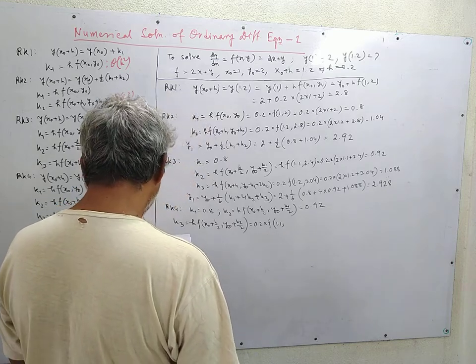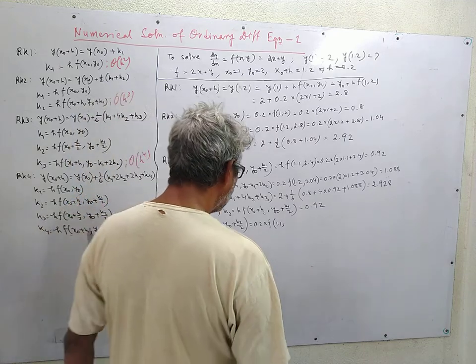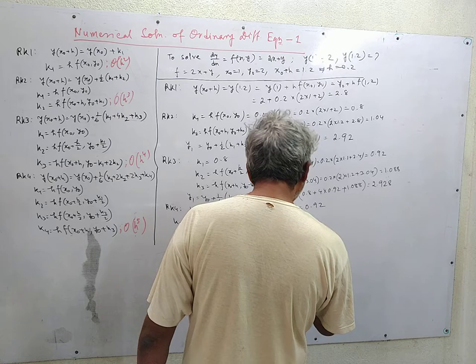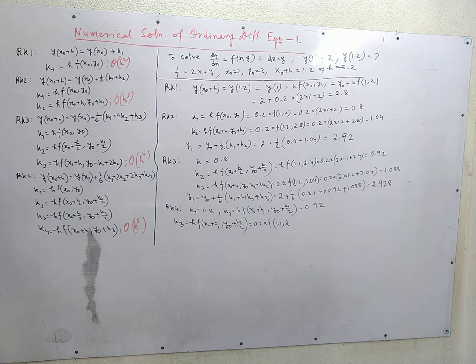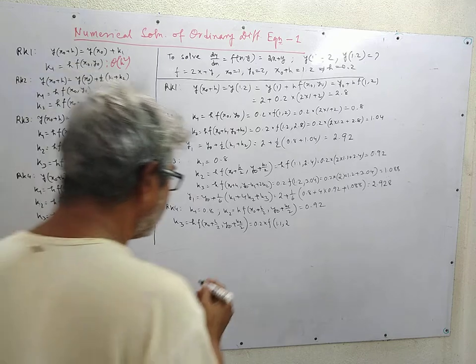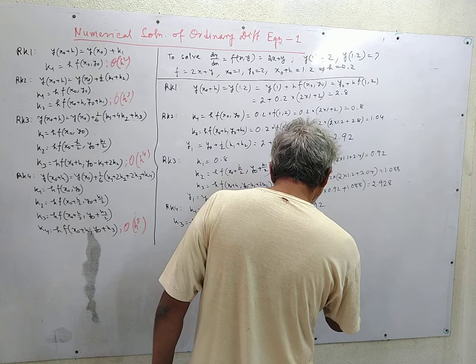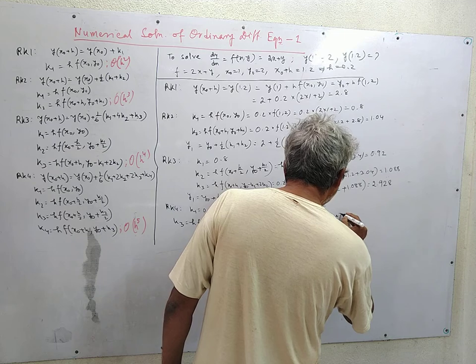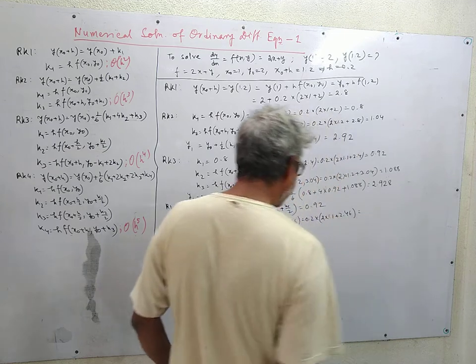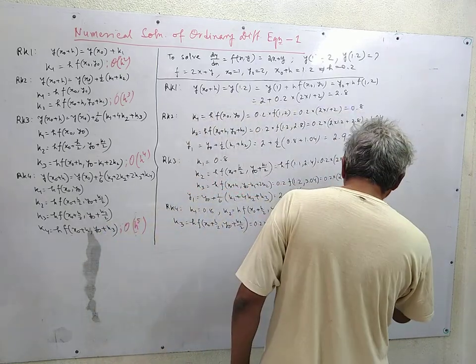So this on simplification becomes 2.46, that is 0.2 multiplied by 2 into 1.1 plus 2.46. On explicit calculation, this becomes 0.932.